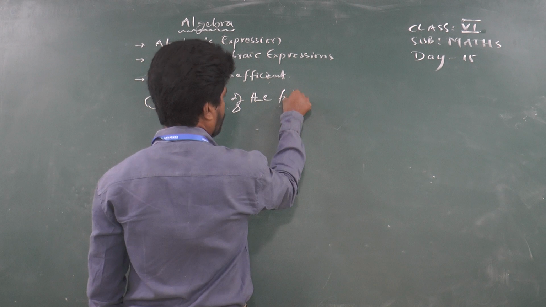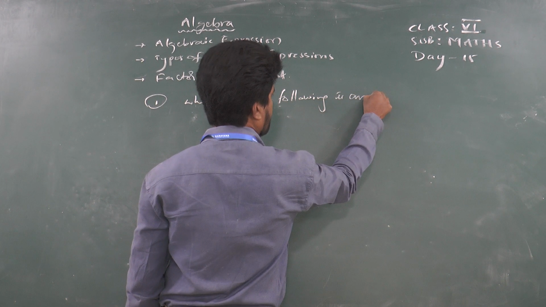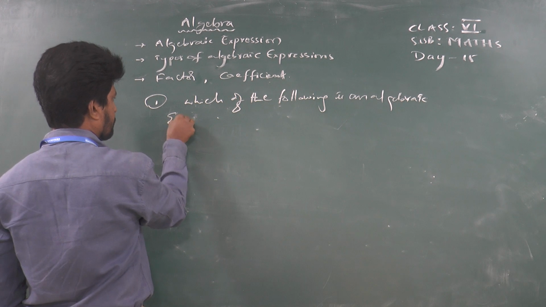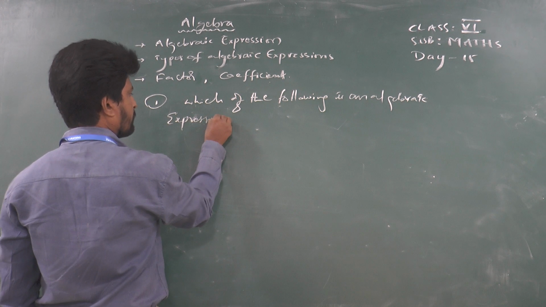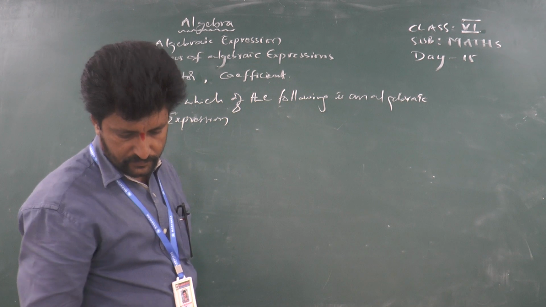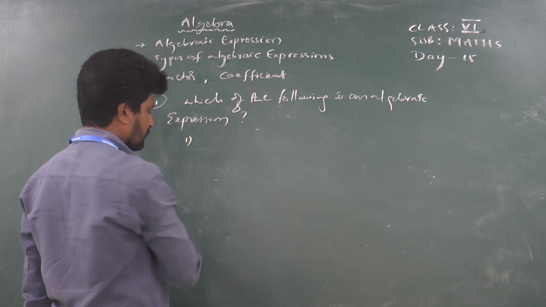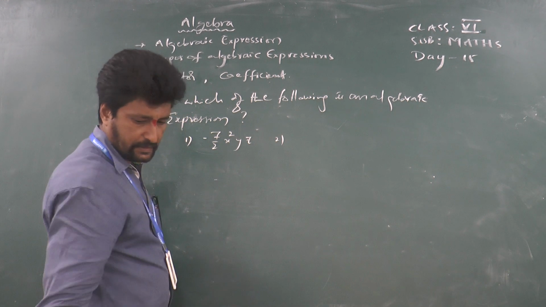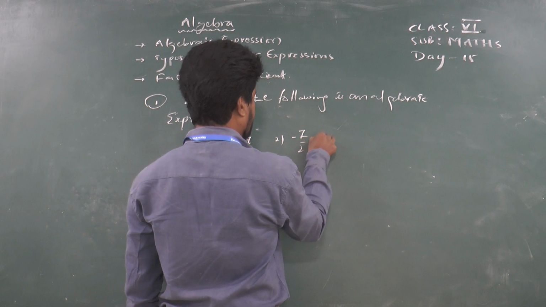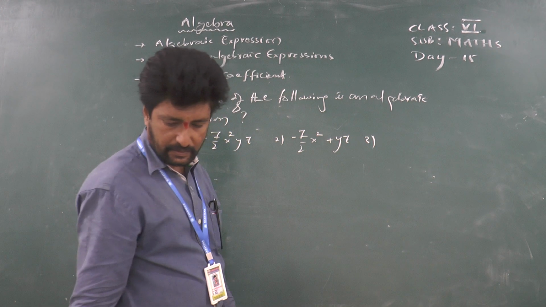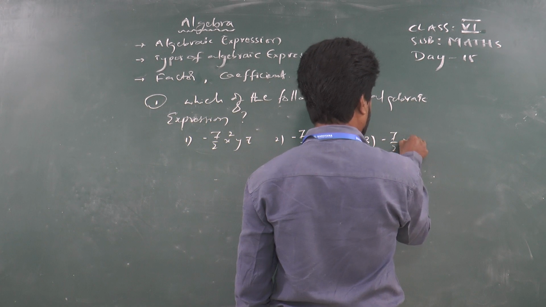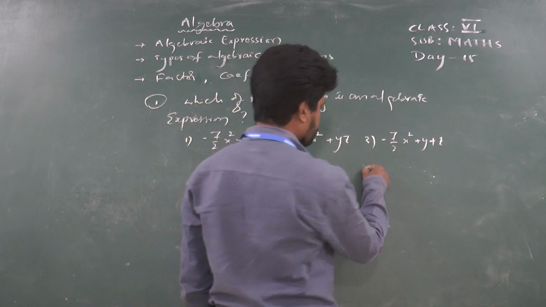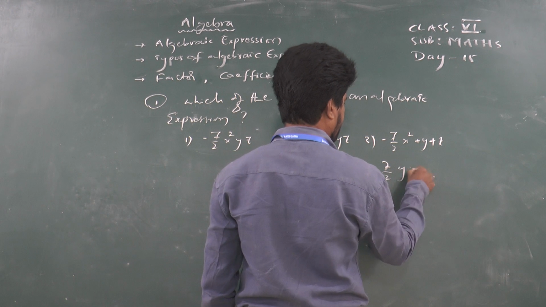Options: minus 7 by 2 x square yz; second option, minus 7 by 2 x square plus yz; third, minus 7 by 2 x square plus y plus z; and fourth, minus 7 by 2 y plus x square z.